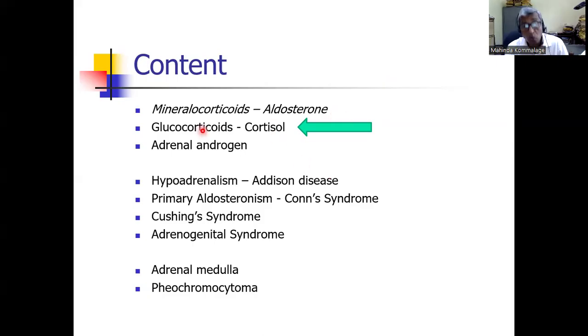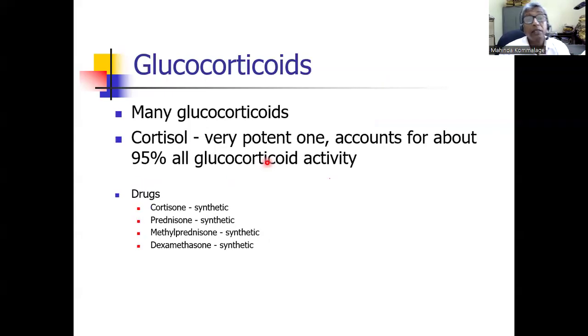But as a glucocorticoid, the most potent and important is cortisol. Right. So let's discuss cortisol. Glucocorticoid, mainly cortisol, is very potent, accounting for 95% of glucocorticoid activity. And there are many synthetic cortisol.